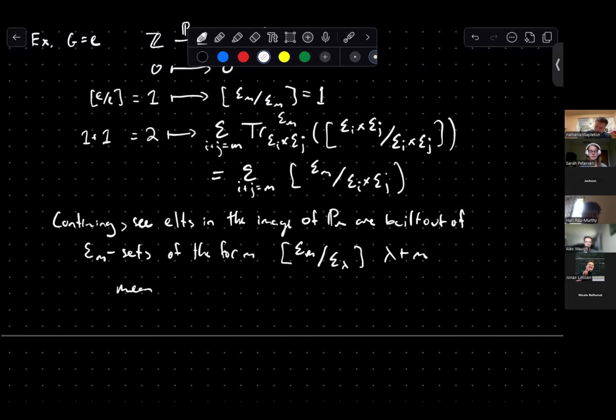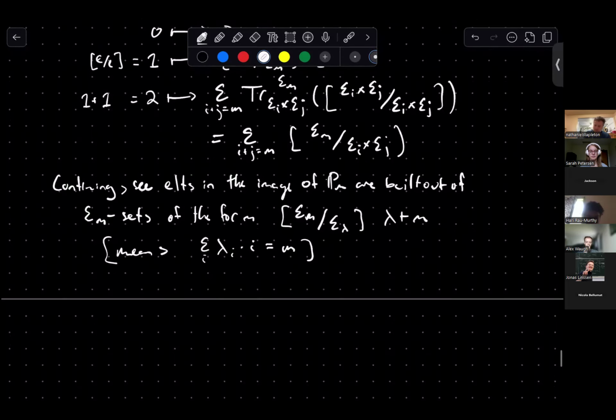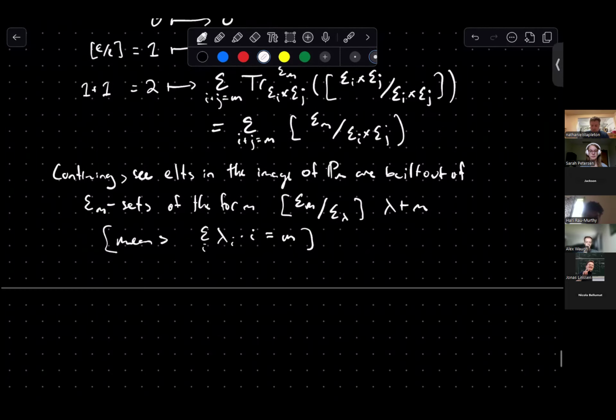Let's just remember that that means that the sum over i of lambda i times i equals m. Lambda sub i is always counting the number of times i occurs in my integer partition. And what I mean by sigma lambda is what you would guess. It's the product over i of sigma i to the lambda i.